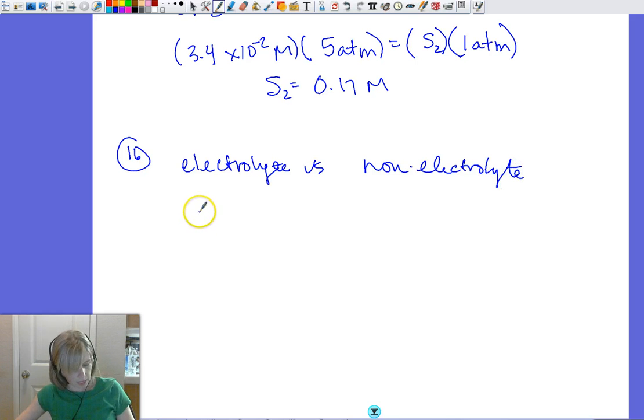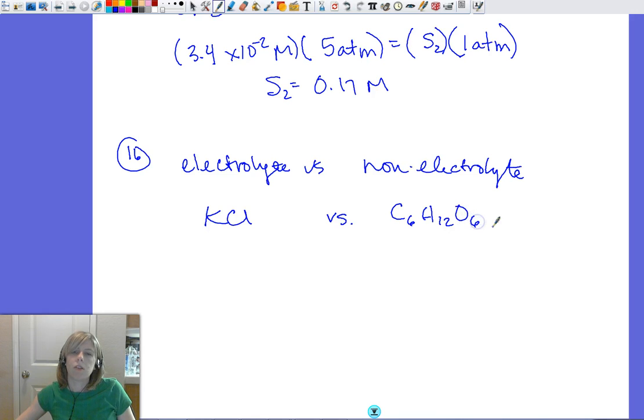Something like potassium chloride is an electrolyte versus sugar, C6H12O6. The potassium chloride is going to break up into potassium and chloride.